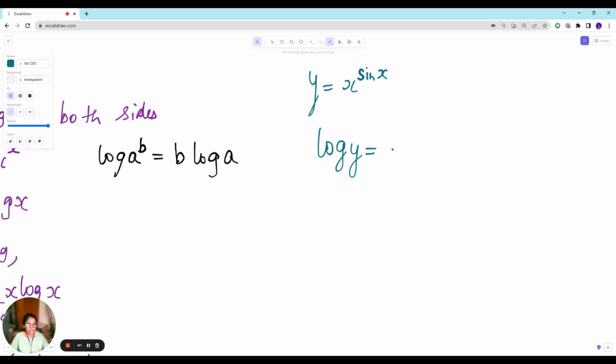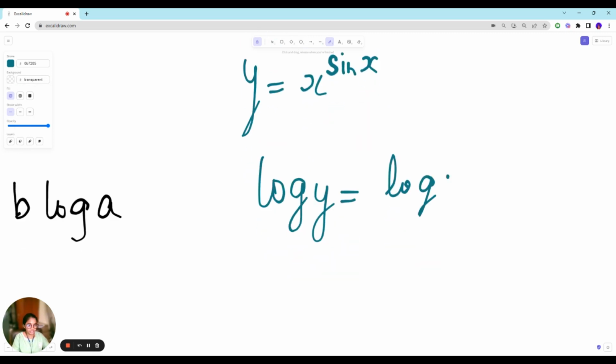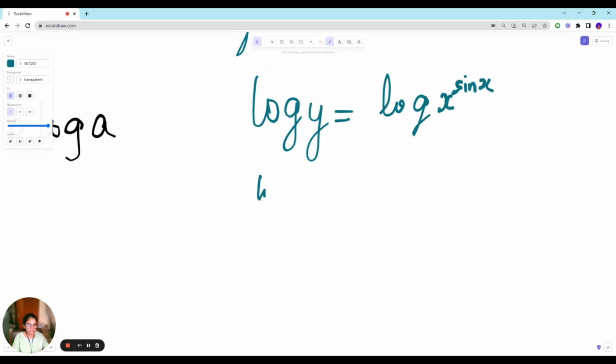I would get log y is equal to log x to the power sine x. Now what is log a power b? Log a power b is b log a.